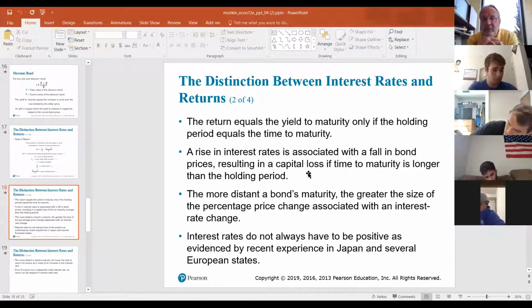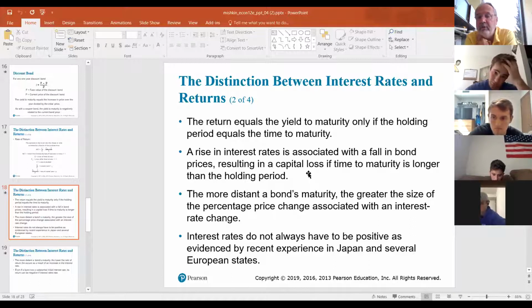The distinction between these interest rates and returns. The return is the yield to maturity only if the holding period equals the time to maturity. In other words, if you buy a 10% bond that's 10 years and you keep it for the whole 10 years, your return will be the 10%. A rise in interest rates is associated with the fall in bond prices, results in a capital loss if time to maturity is longer than the holding period.